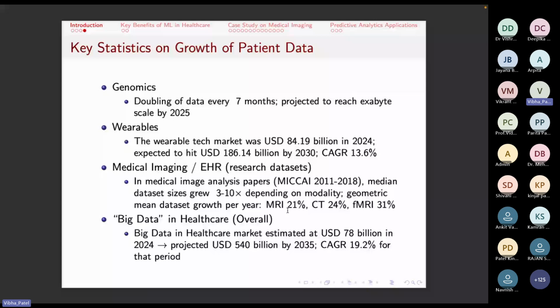So the CAGR is 13.6% in wearable devices. On a similar line, if we talk of medical imaging, EHR, and research data sets, this is actually authentic data from MICCAI journals, 2011 to 2018 papers, which basically state the median data set size growing 3 to 10 times.